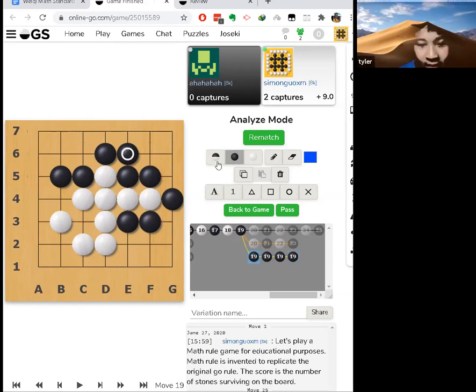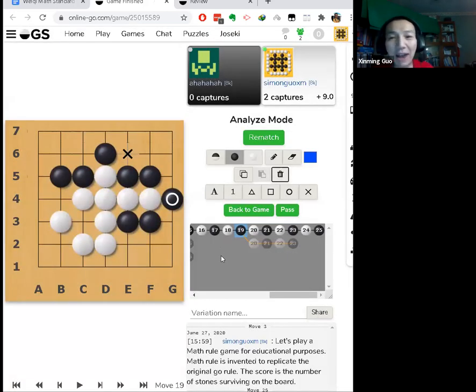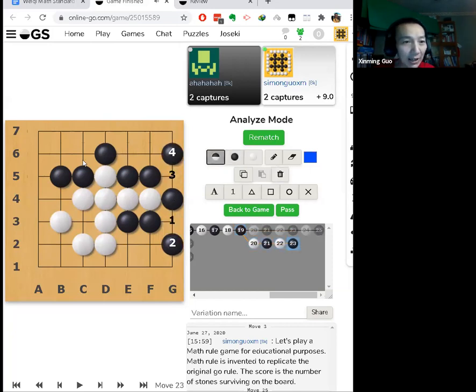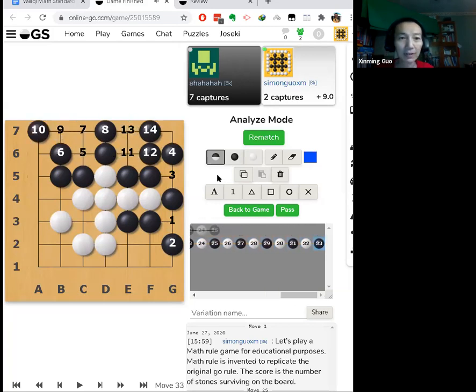Okay. There are some cutting points, and we analyzed these cutting points. Looks like there's no risk in every cutting point, because no matter how white plays, we can capture it, right?